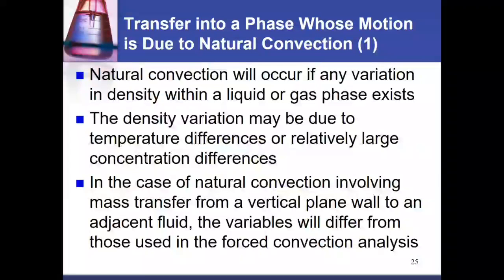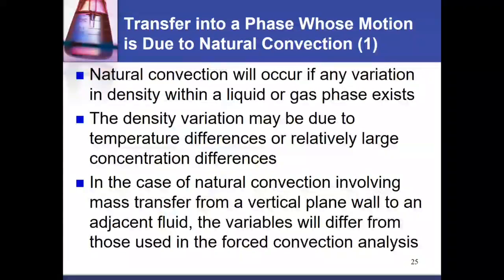Natural convection usually occurs because of temperature differences, which create variation in density, and therefore the dense fluid will flow down and the lighter one will flow up. Sometimes it might be because of a big variation in concentration.